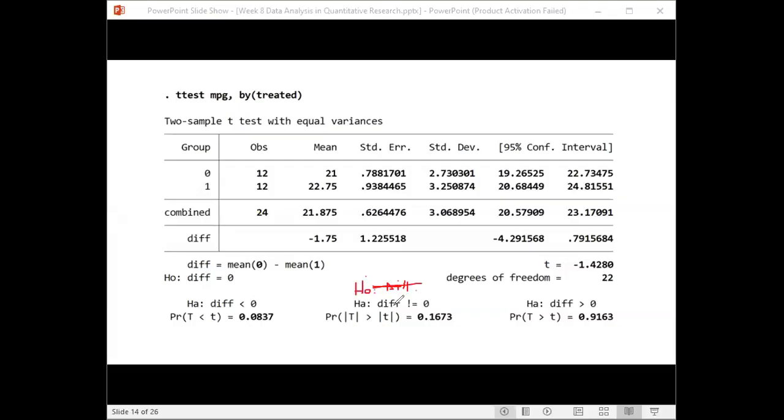That is the same as we have already done. So this here is the probability value.